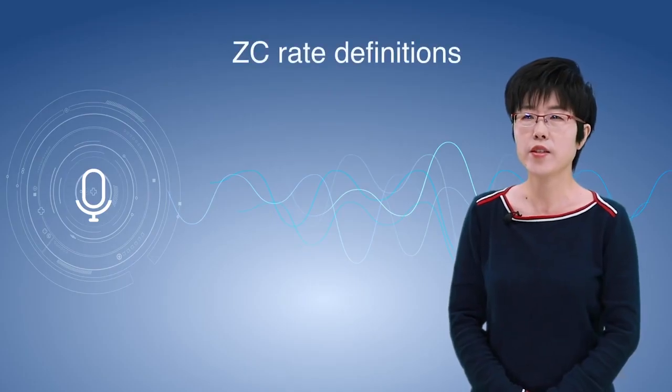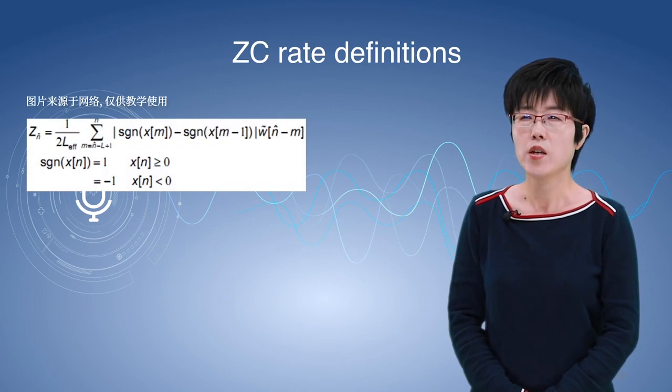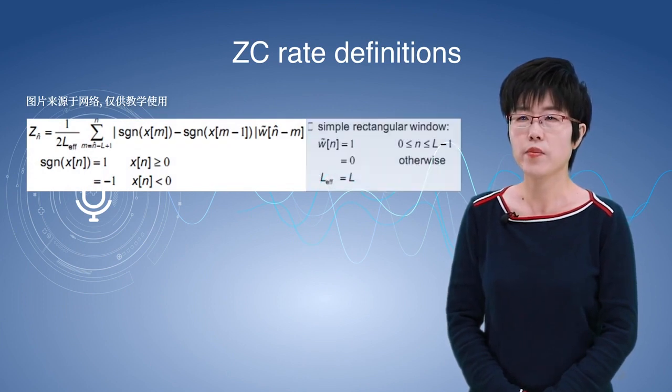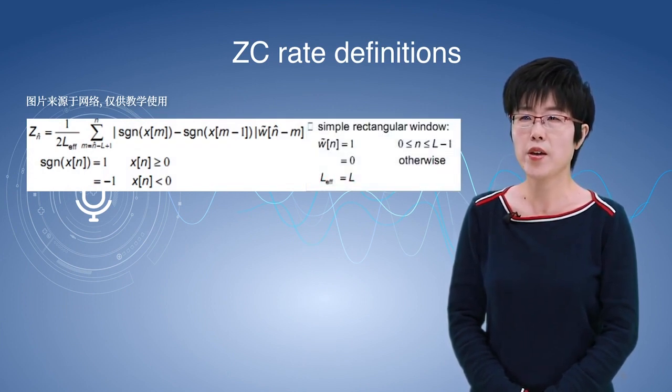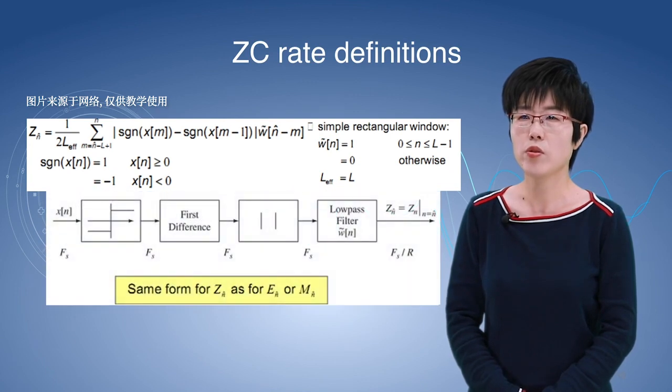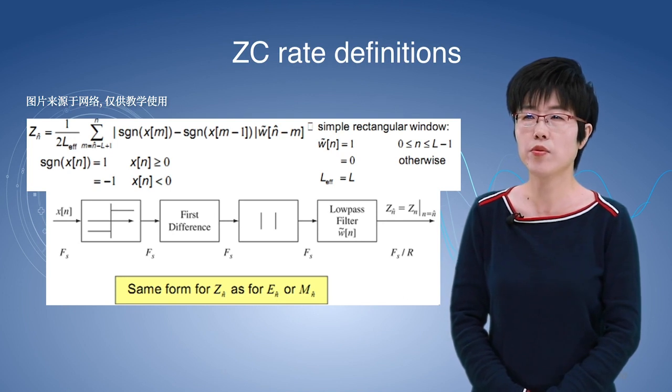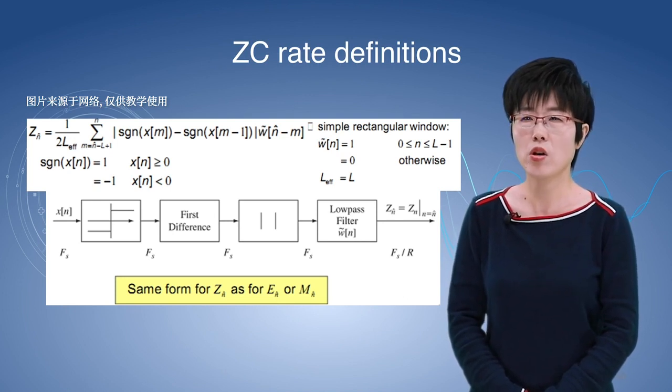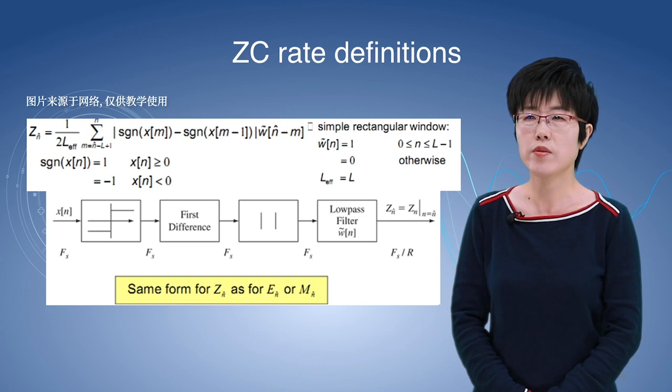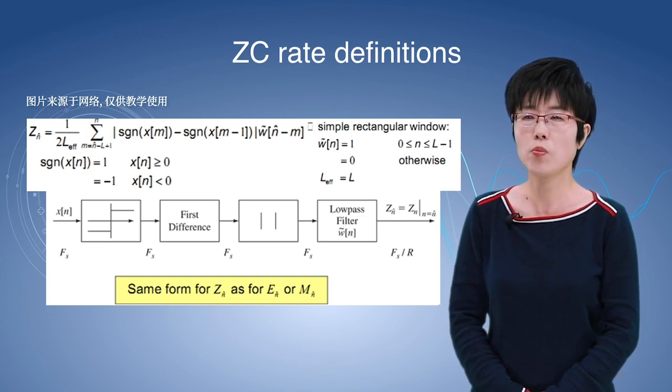We can define the ZC rate with the sign function, similar to short-time energy or magnitude. The short-time average ZC rate can be described with the generic flow chart, where w(n) is the window function, which can be regarded as a low-pass filter.